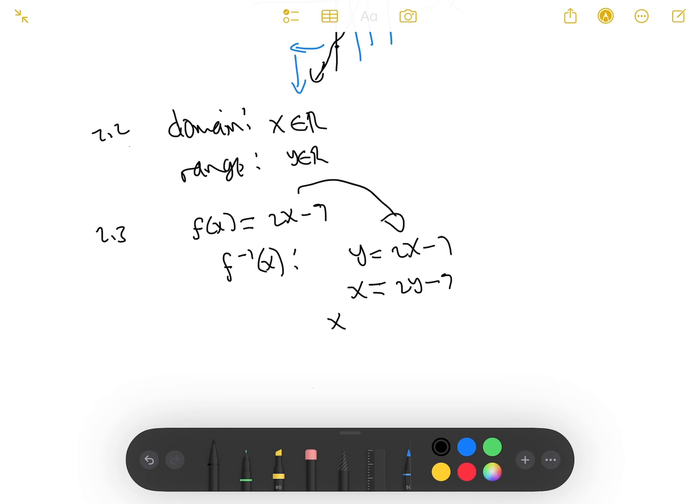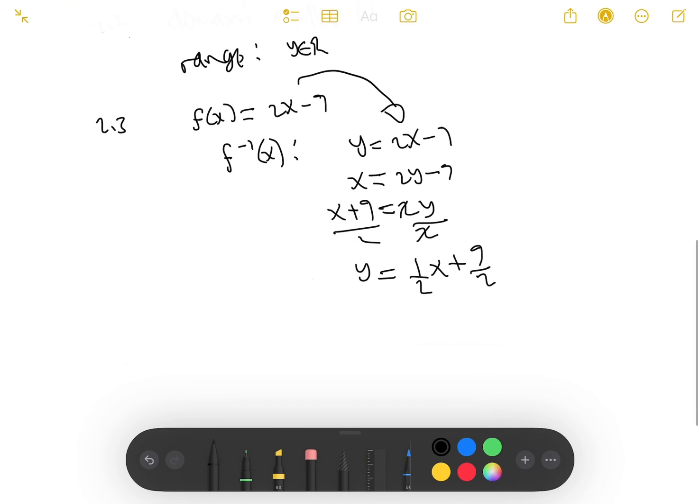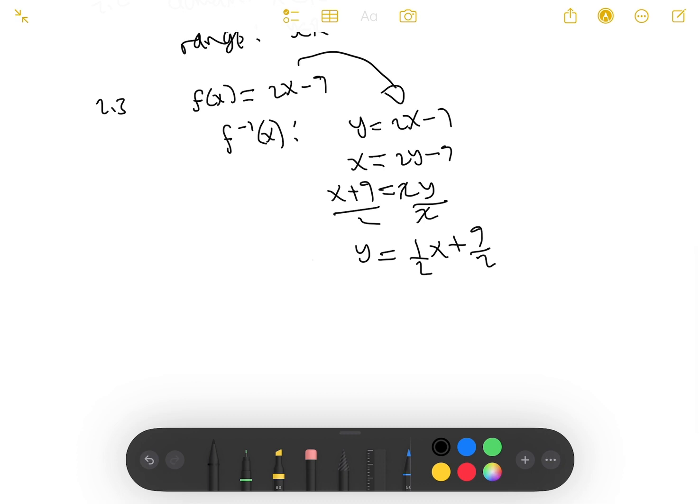From this we get x plus 7 equals 2y. Divide both sides by 2 and you end up with y equals half x, with half being the gradient, plus 7 over 2. Therefore our inverse function is half x plus 7 over 2.